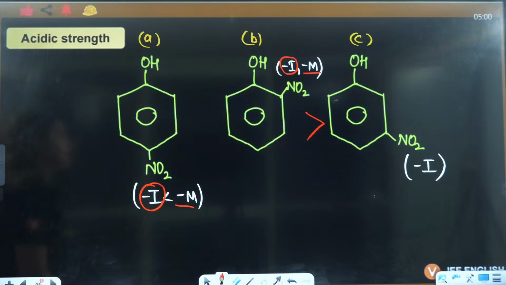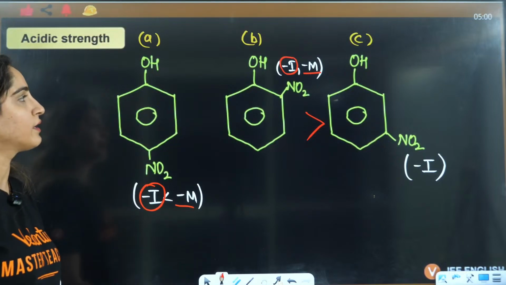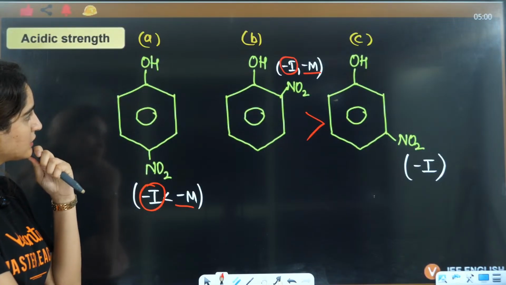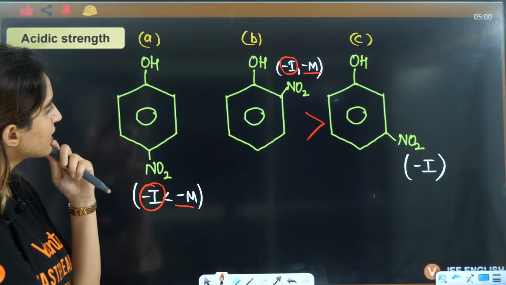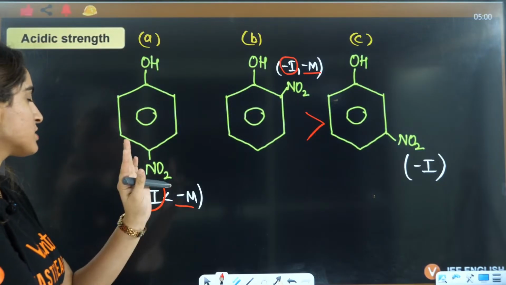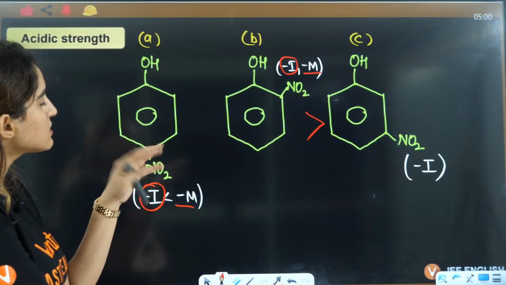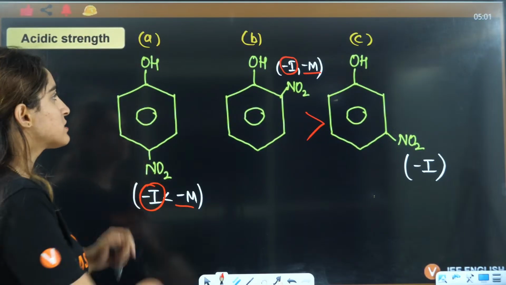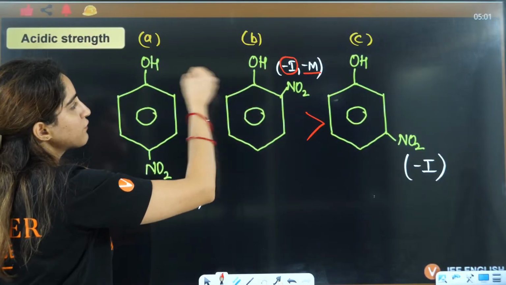More minus I, if you have there, here minus I is going to make it unstable, no? Minus I is going to make it, wait a minute, just give me a second. Minus I is going to make it stable, right? So here distance is less, so minus I will be more.